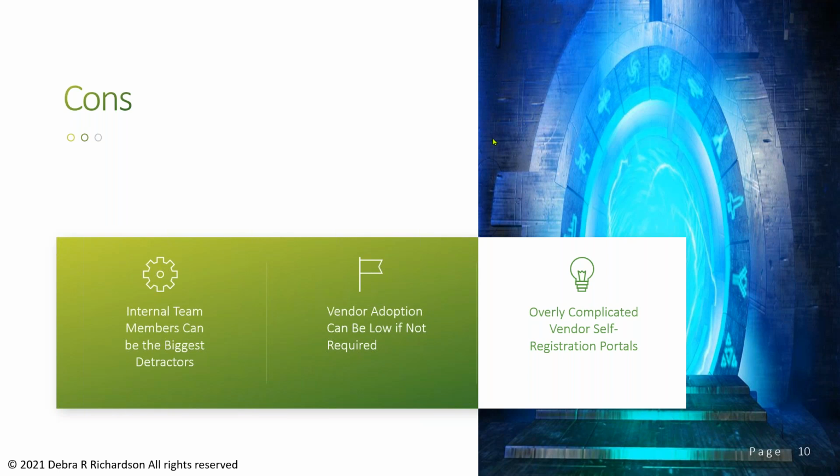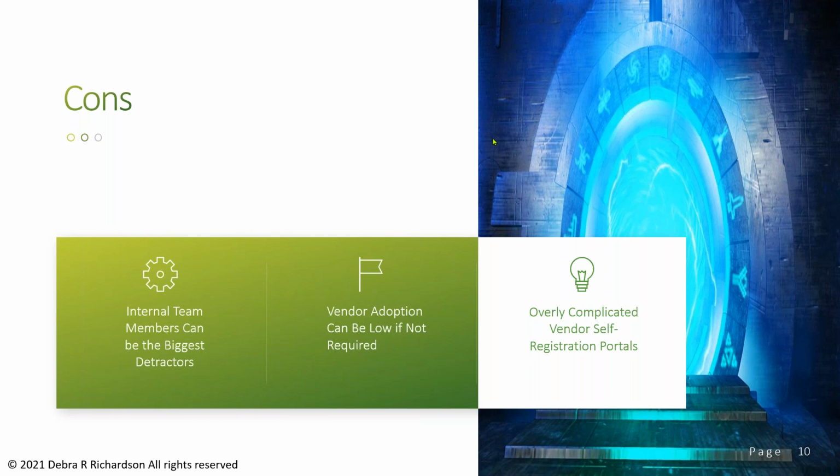The next one is vendor adoption can be low if you do not require registration within the portal. So you do want to require the use of the vendor portal, but in turn, you want to make sure you communicate often with the vendor in advance.